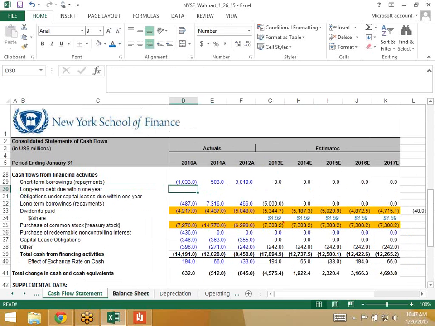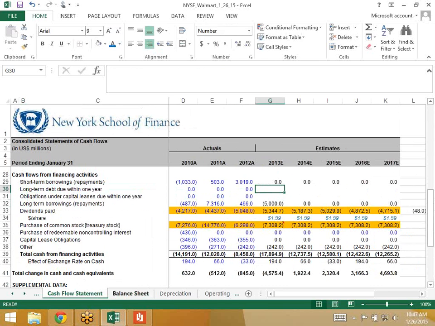Since they didn't have those line items historically for the cash flow statement, it's going to be 0, 0, 0. And now we have something to link into those respective mandatory and non-mandatory issuances and retirements. Because if we were ever to raise or pay down a current portion of long-term debt, it would have never flowed through. So for every debt that you've identified in the debt schedule, you have to make sure that there's a cash flow statement line item that reflects it, and a balance sheet line item that reflects it.